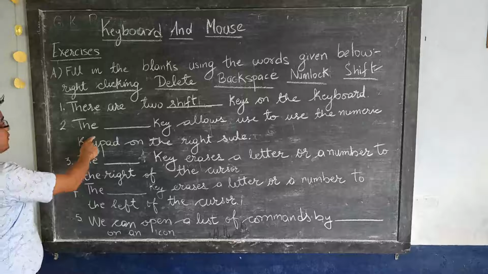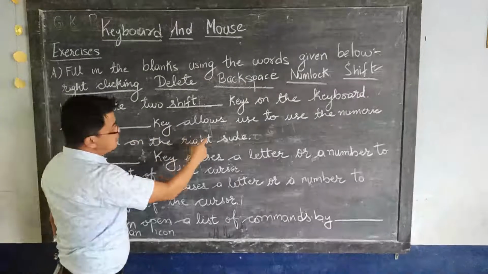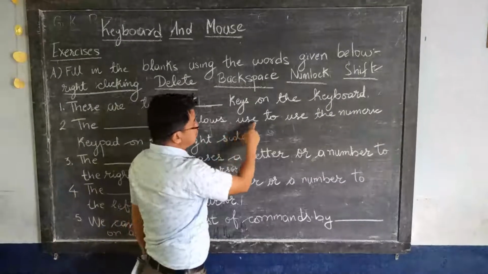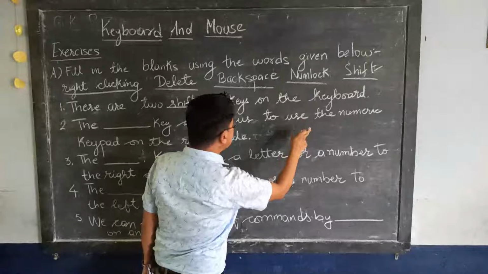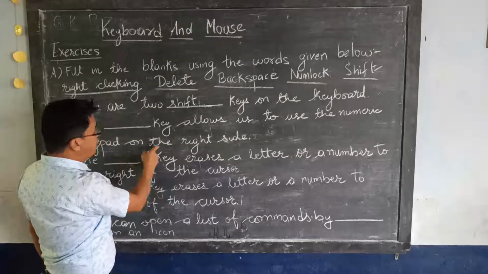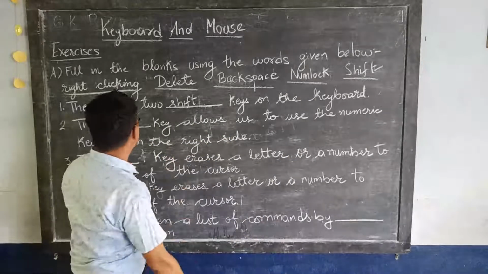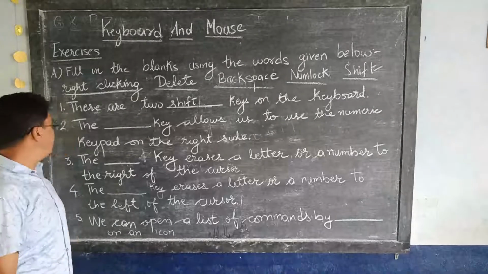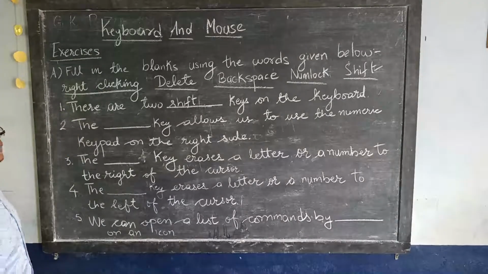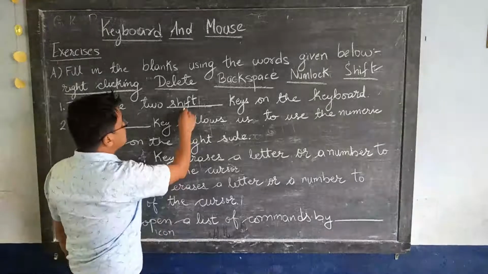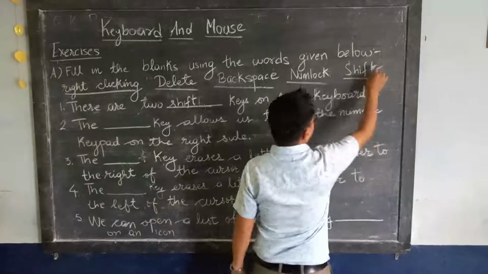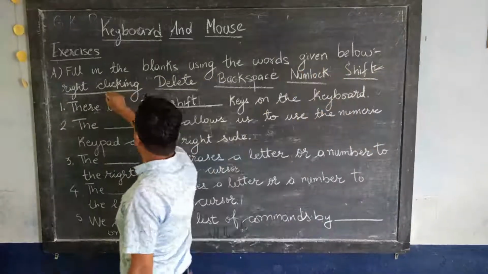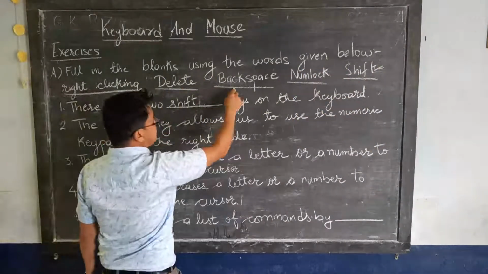Number 2. The dash key allows us to use the numeric keypad on the right side. So which key allows us to use the numeric keypad on the right side? Now we finished with shift key. The remaining are right clicking, delete key, backspace, and num lock.